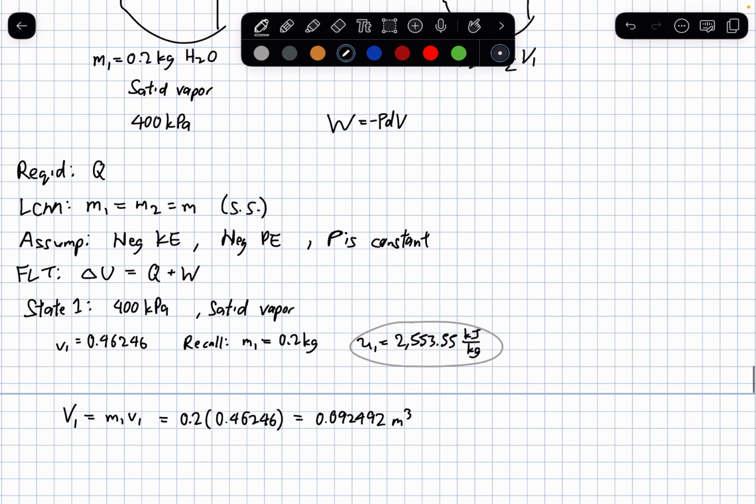So we are able to find the volume 1. 0.5 times volume 1 is 0.046246 meter cube.